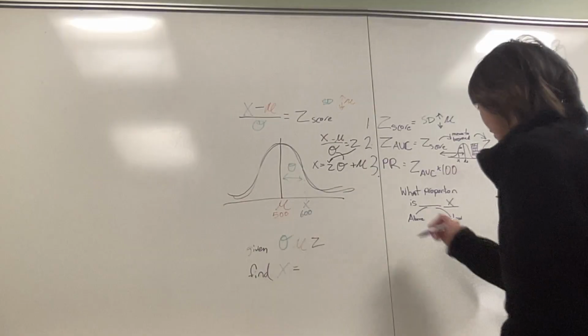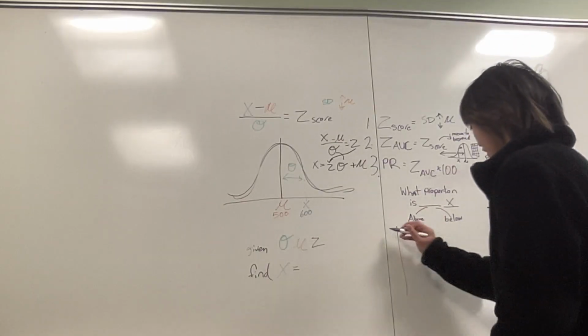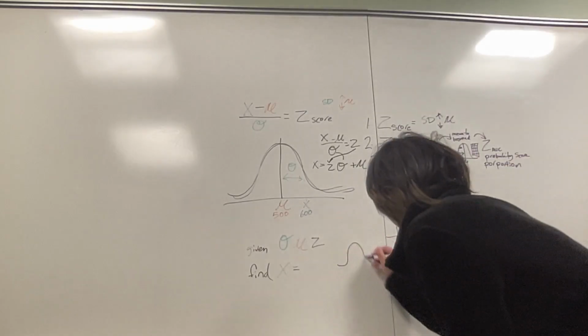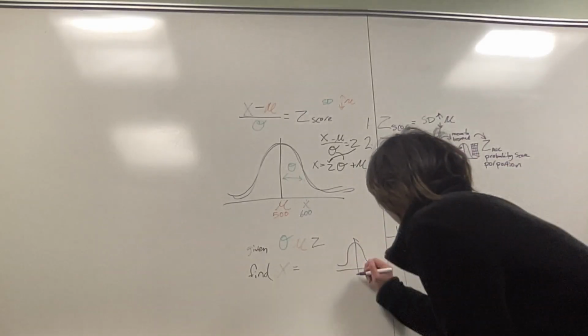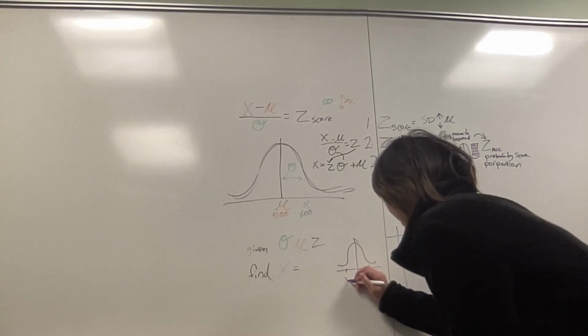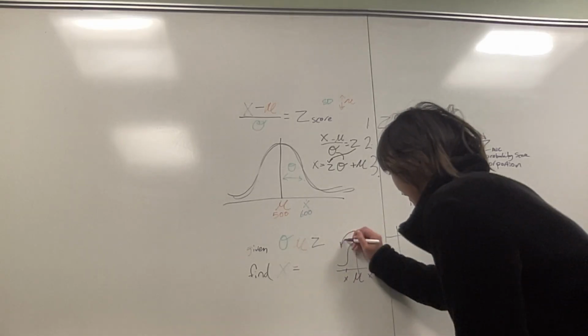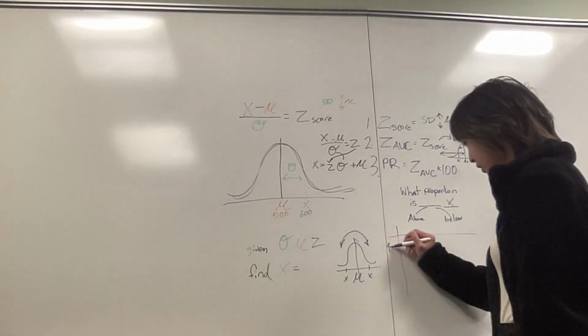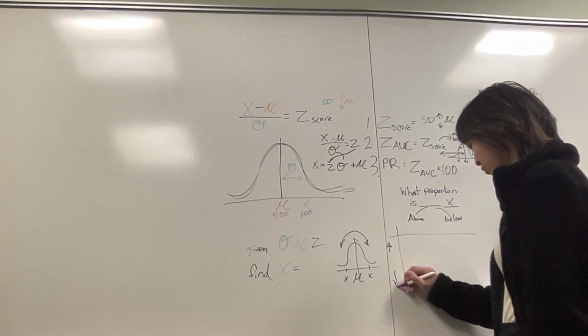And then the other thing you need to consider is your X. Is your X above or below the mean? I know I keep saying it and it sounds crazy by now, but all you need to know is, is it on this side or is it on this side? So let's say it's above in this one, and let's say it's below for that one.